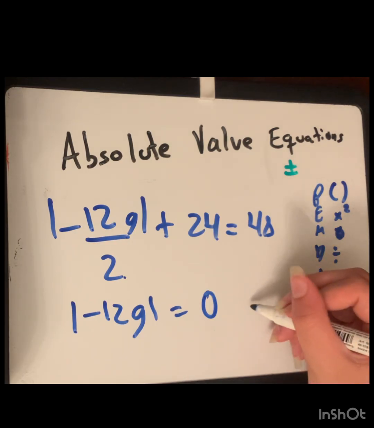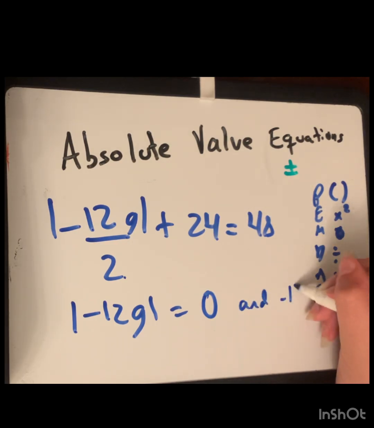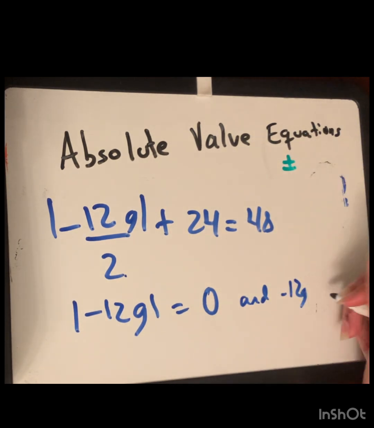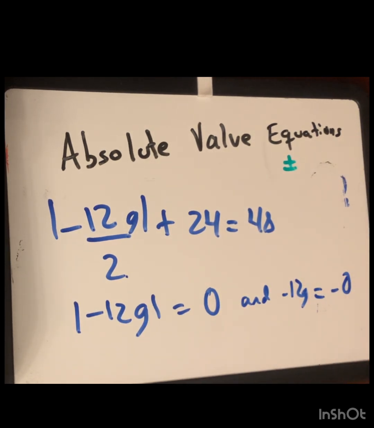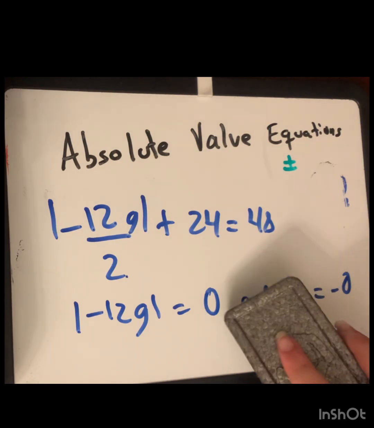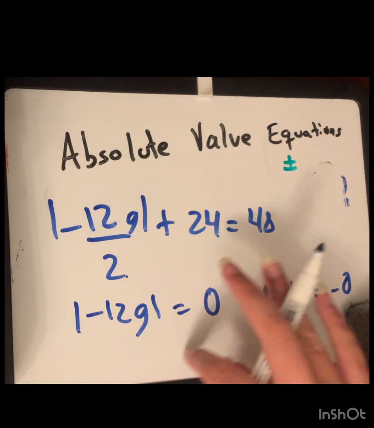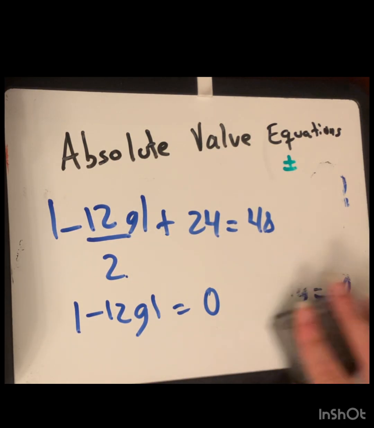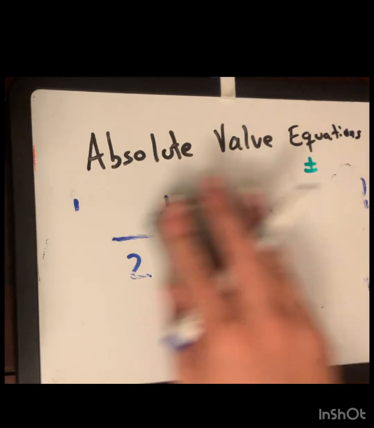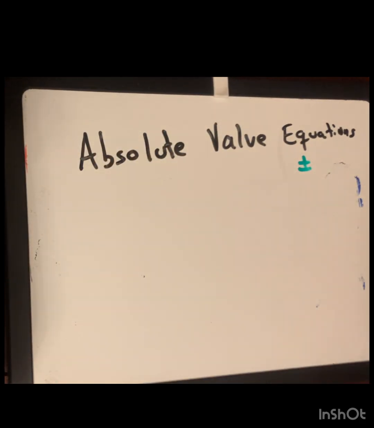Negative 12g equals negative 0, but there is no negative 0. Also, even if there was, 0 divided by 12 is 0. So once you have 0 on this side and nothing else, you know that your answer on both of them is going to be 0. So you'll put here 0.